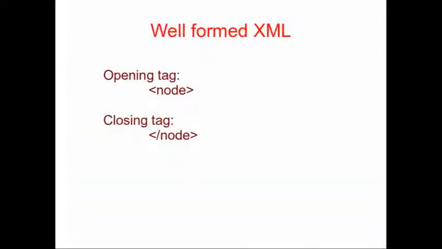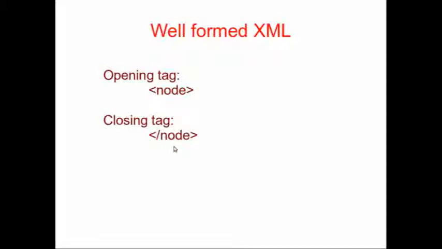Well-formed XML has tag or element definitions that are encoded in greater than and less than signs. An opening tag is like that shown here, where there's a less than sign, the tag name, and then a greater than sign. A closing tag is similar, except it has a slash after the first less than sign and before the tag name.